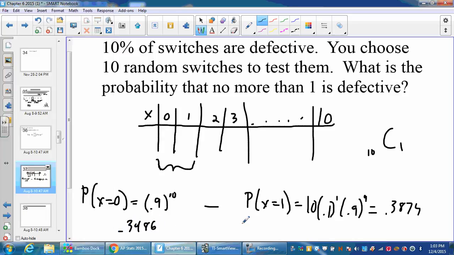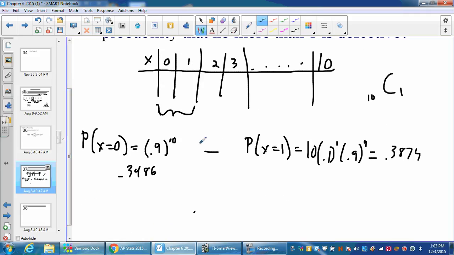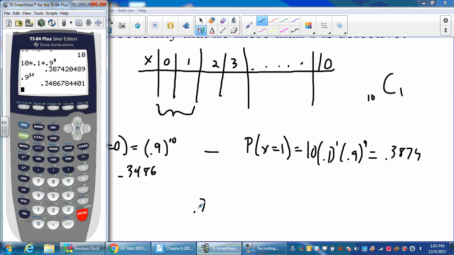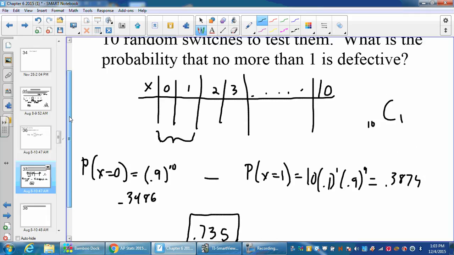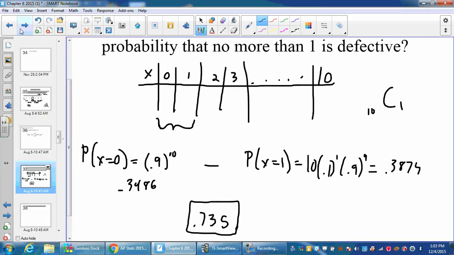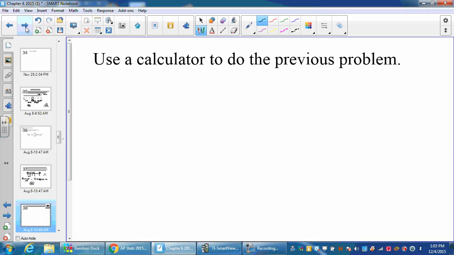So I just take those two probabilities, add them up, and this would be about 0.735, something like that. So about 73%, 74% of the time, you'll have either 0 or 1 defective units in that system. All right, and we use the calculator, and we should be good. Good luck on your own.